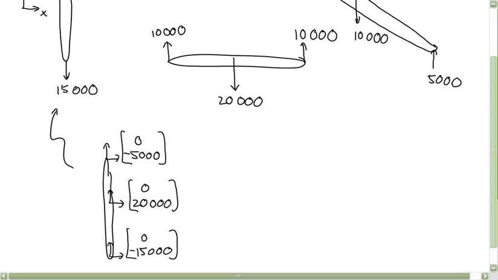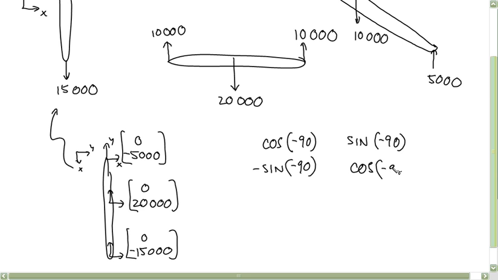Okay, so this is tricky when you're first doing it. We're sort of rotating the member. We are rotating the member positive 90 degrees, but that's the equivalent of rotating the coordinate system negative 90 degrees. You see that? Because we're trying to go from a coordinate system like this to a coordinate system like this. Okay? So you'd multiply each of these by the matrix cosine negative 90, sine negative 90, negative sine negative 90, cosine negative 90.